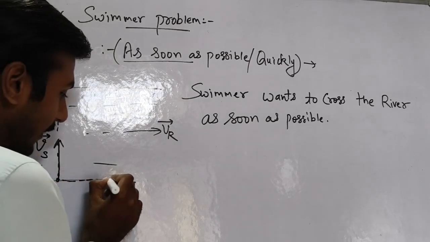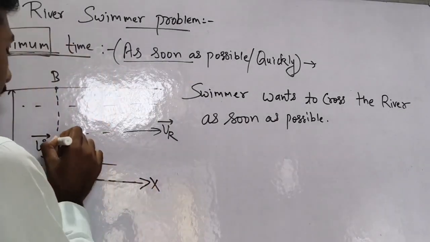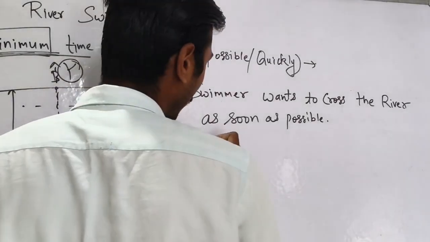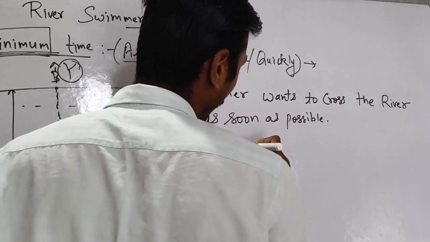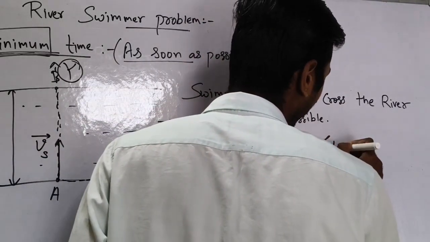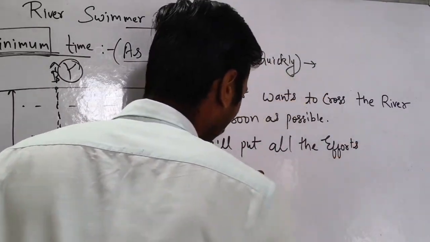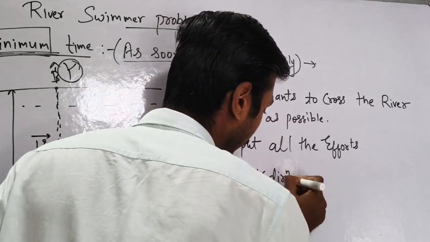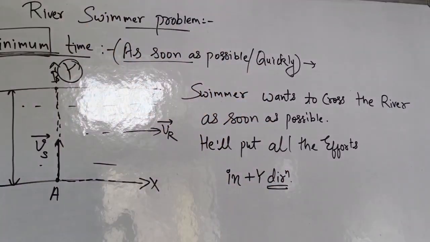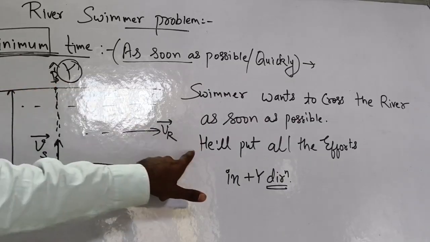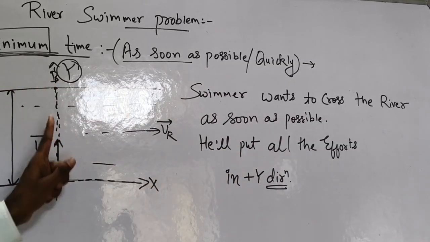So let's say this is the x-axis, this is the y-axis. So I'll put all the efforts in plus y direction. It's so easy. The swimmer wants to cover the width as soon as possible, so he'll put all the efforts in plus y direction.